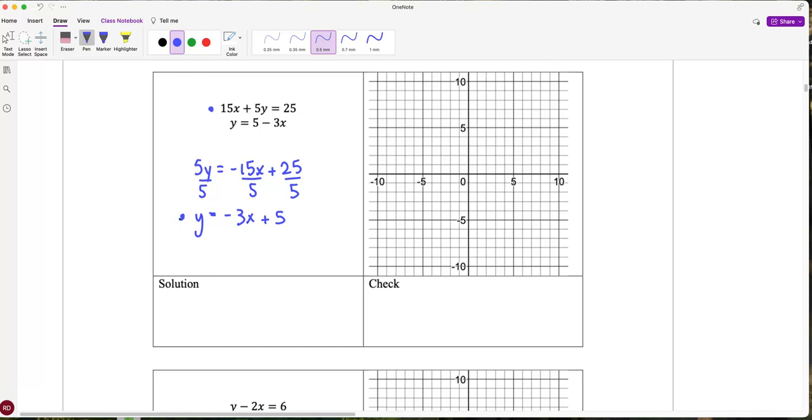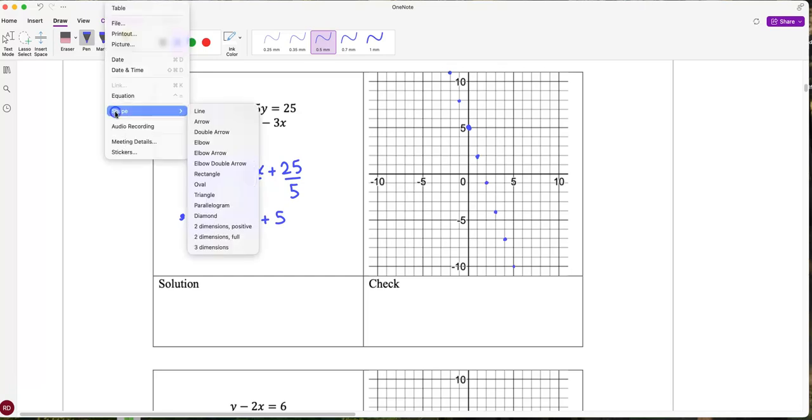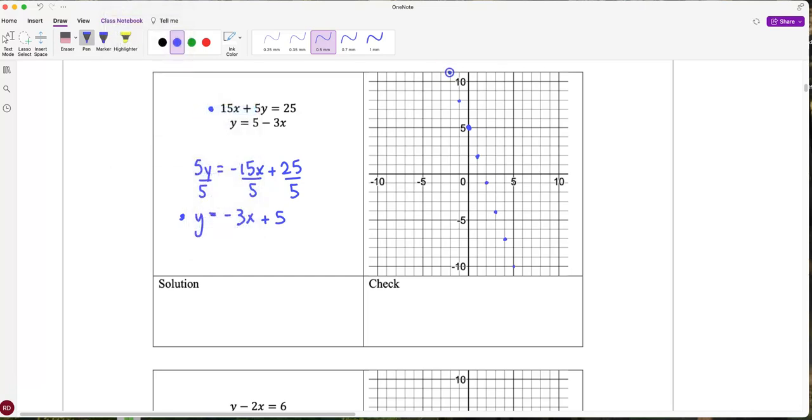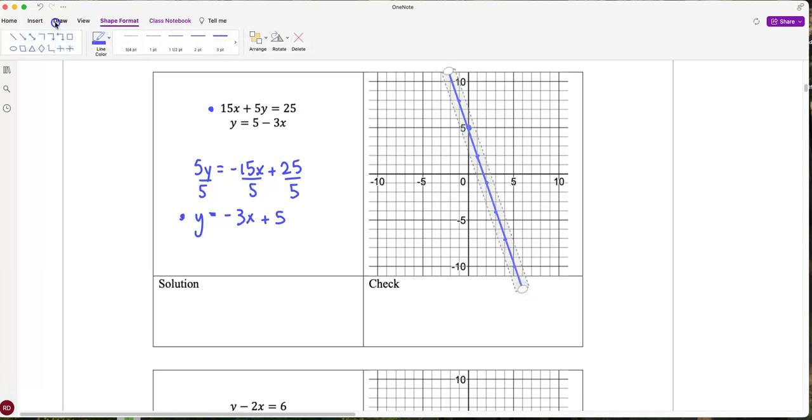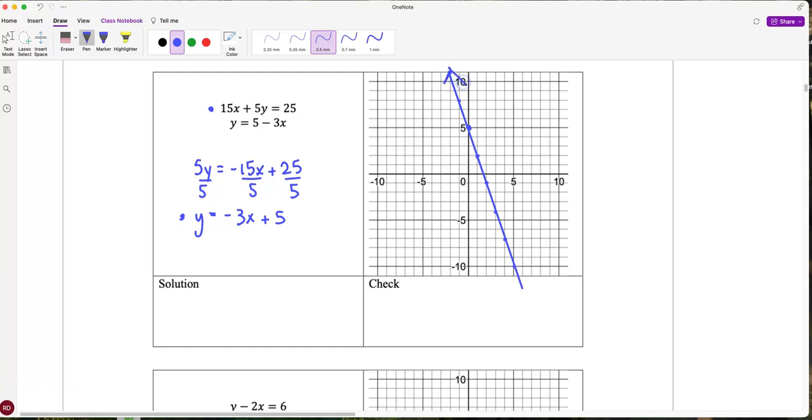So negative 3x plus 5, slope is negative 3. And draw that line with your straight edge. So this is y equals negative 3x plus 5.